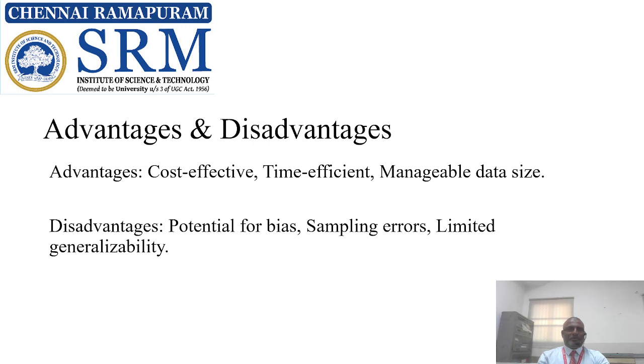And time efficient, because processing a huge amount of data in a system takes time, whereas selecting samples from the data and predicting the entire data is time efficient. And whichever data we have available with us, we can manage and we can give interpretation to the entire population. And disadvantages are potential for bias, sampling error, and limited generalizability.